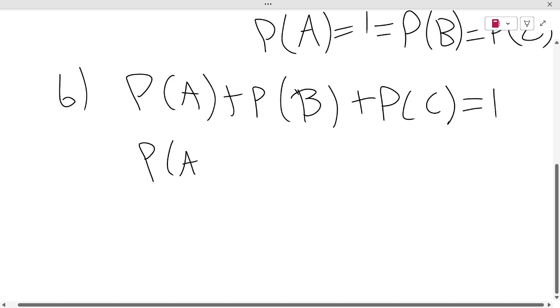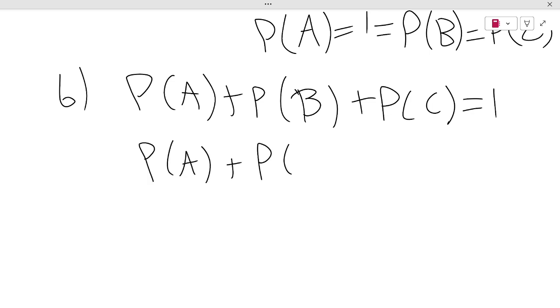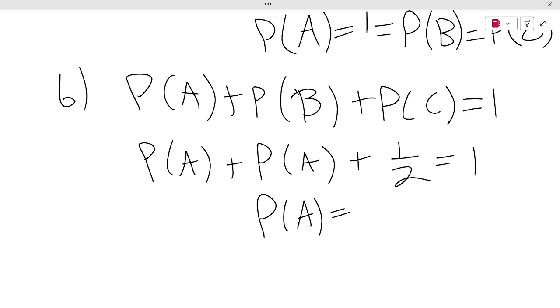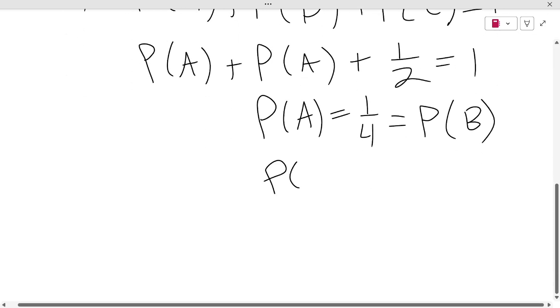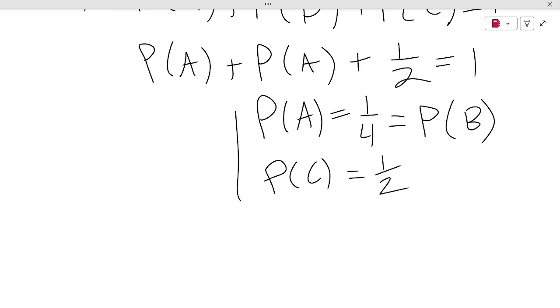The probability of A plus another probability of A, since B is just equal to A, plus the probability of C, which is exactly 1/2, has to sum to 1. When you do the math, you get that the probability of A is equal to 1/4, which is the same as B, and the probability of C, we already knew that was 1/2, so we're done.